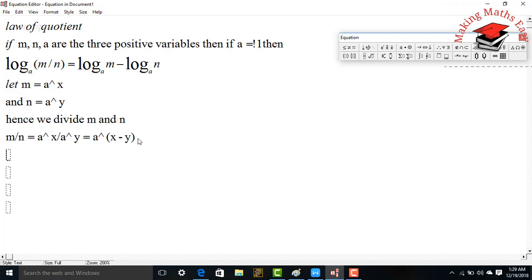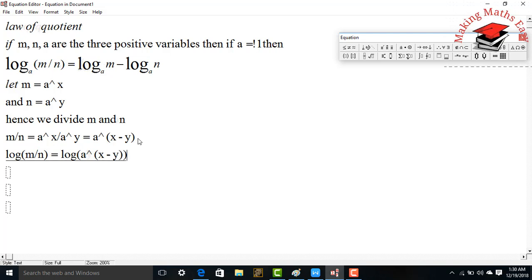Now the next step is to take the log on both the sides. After taking log on both the sides, we get log of m divided by n equal to log of a raised to x minus y.